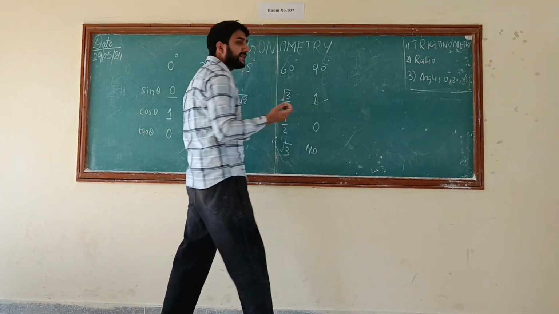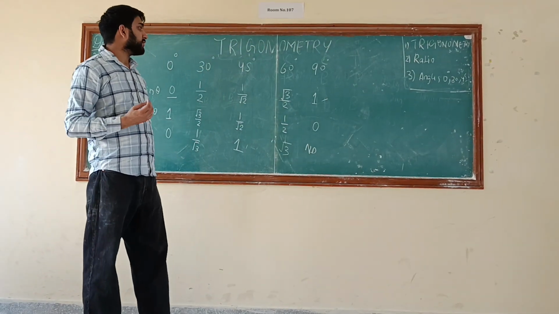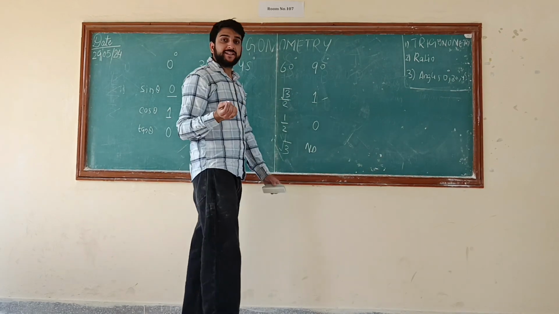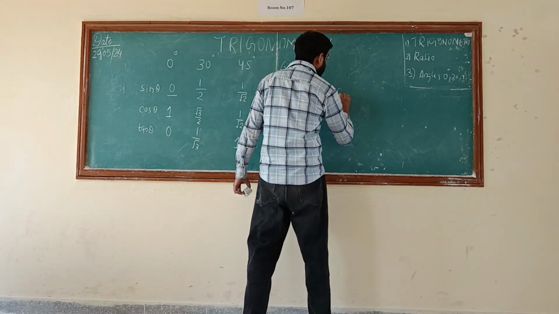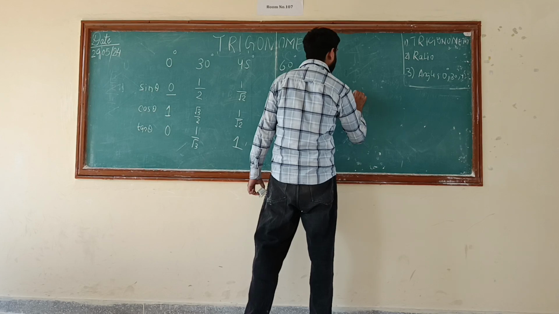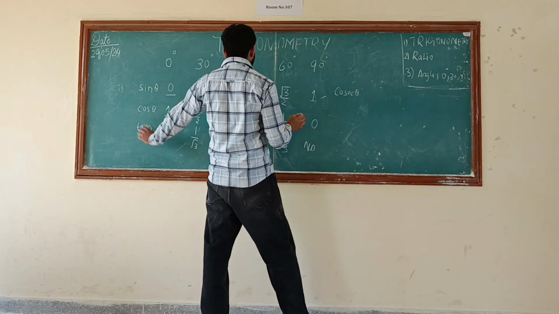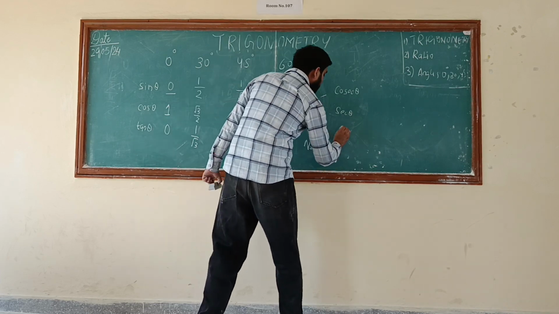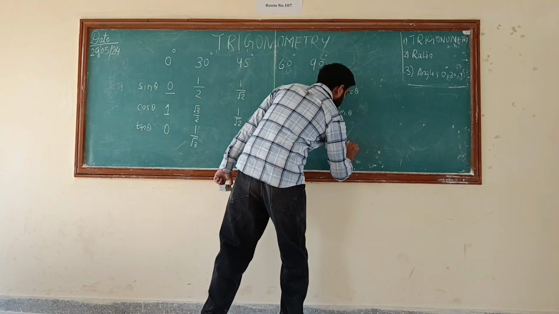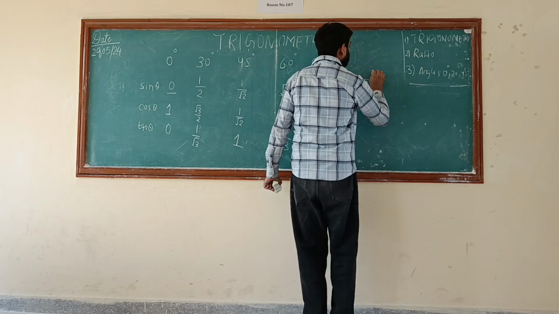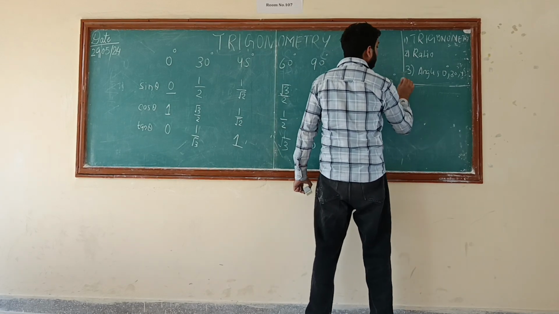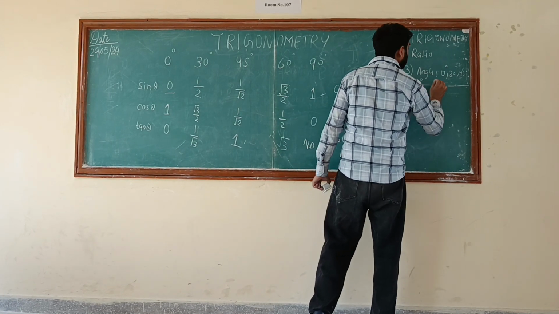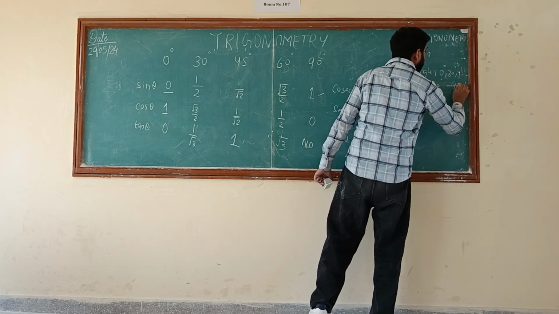Now we have to find the other 3 trigonometric ratios. So opposite of sin theta is our cosecant theta, and opposite of cos theta is our secant theta, and opposite of tan theta is our cot theta. For 0 degree, 30 degree, 45 degree, 60 degree and 90 degree.